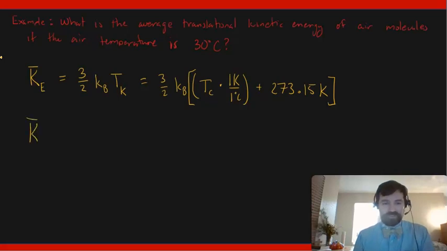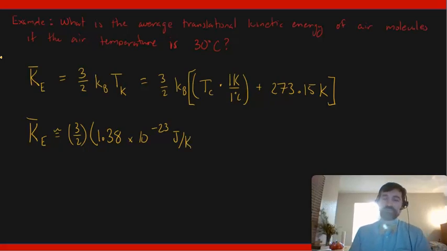This right here yields an average kinetic energy of, we'll say approximately, 3/2 times 1.38, we'll just round it off there, times 10 to the minus 23 joules per Kelvin. Note that I'm going to have joules per Kelvin. The Kelvins will cancel.